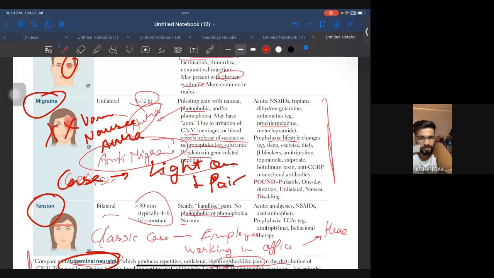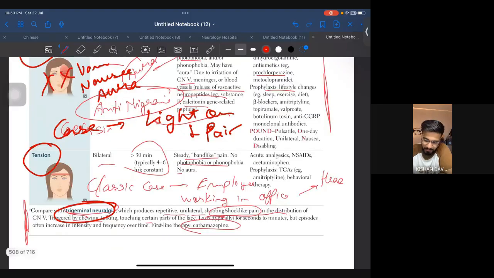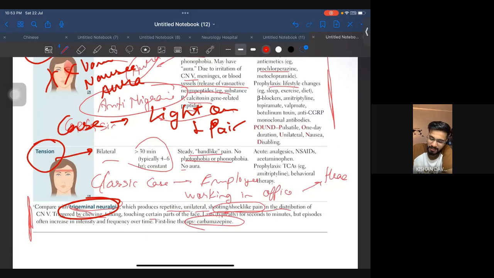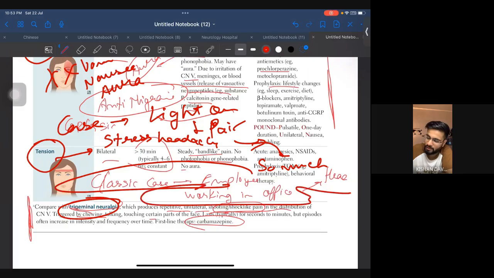If they give all these symptoms, migraine. And tension, that is a stress headache. The most common type of case they want to ask is so much workload in office. See, I've already written here. Employer working in office headache.